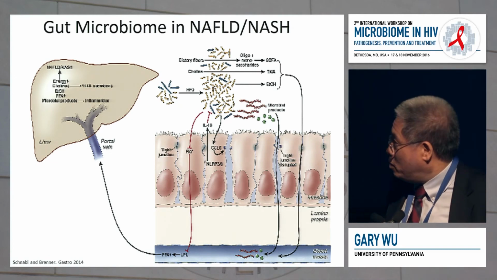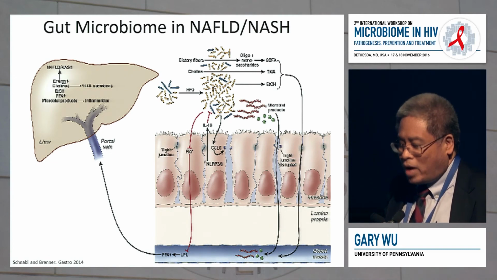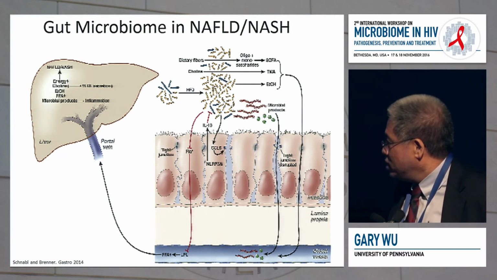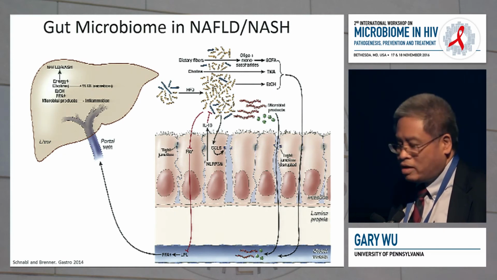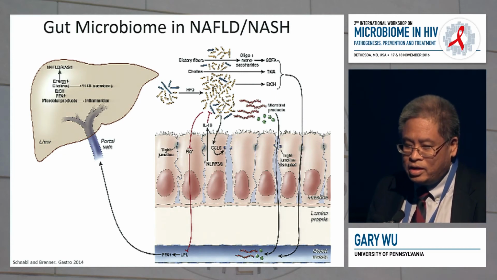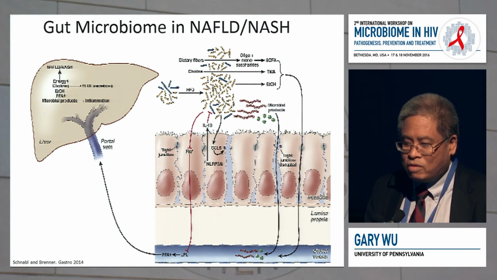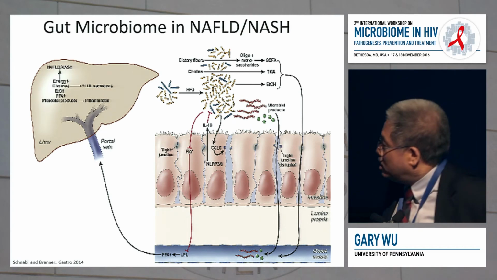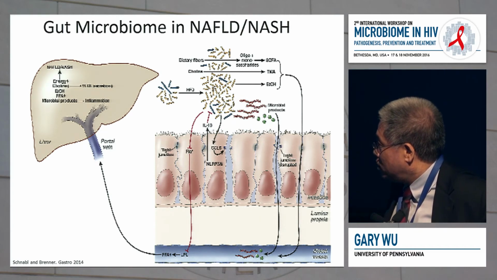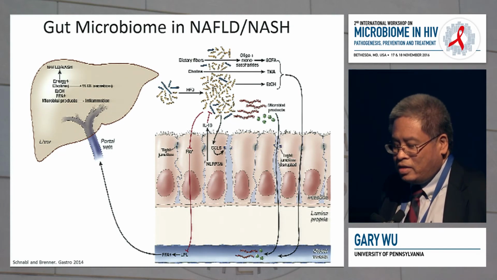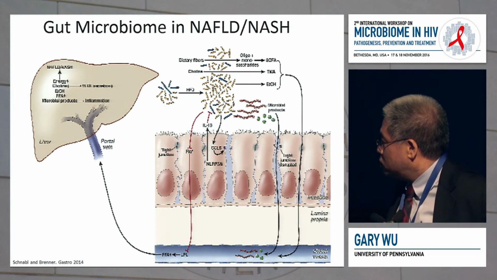But then bacterial products, lipopolysaccharide being one example of this, can flow to the liver where it can play a role in inflammation. And there's a notion that LPS itself, through toll-like receptor 4, might be playing a role in progression of cirrhosis or fibrosis in the liver. But then alterations of the host themselves can alter the microbiota, leading to dysbiosis that then accentuates this circular phenomenon.